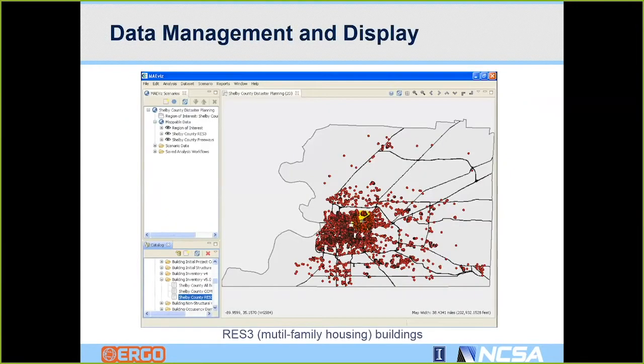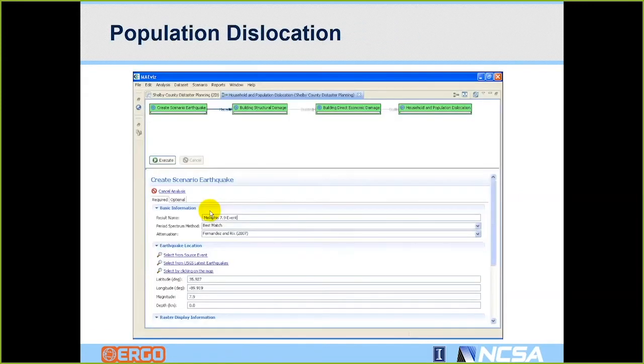So this is what Ergo currently looks like. So this would be the data management piece where I have overlaid the multifamily housing for Shelby County, Tennessee. I also have the freeways overlaid. And here's the sequence of analyses I'm going to need to run in order to determine what those shelter needs are. So starting from the left, I need to specify the earthquake event.